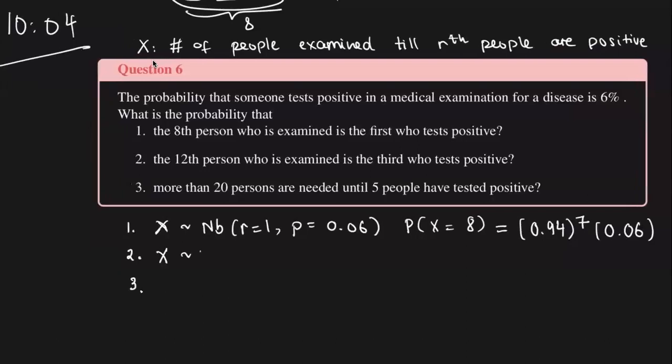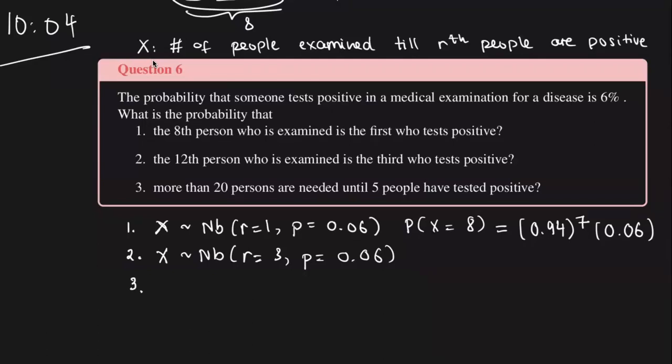For part 2, X follows a negative binomial with R equal to 3 and P is 0.06, because we want to stop when the third person who tests positive appears.